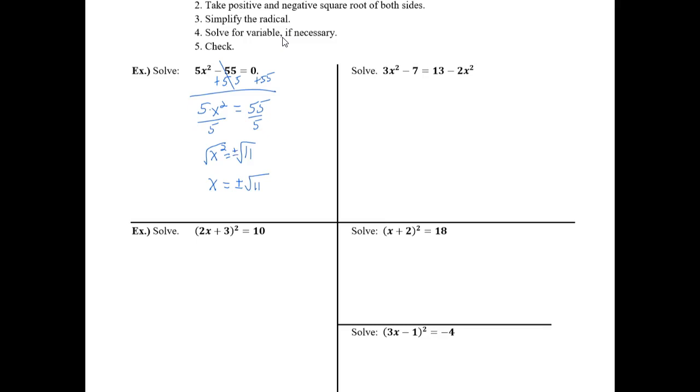So on your homework, you might be able to enter it this way with that plus minus sign, but if you can't find that plus minus sign, it might want you to enter the two separate answers, meaning the positive square root of 11 and the negative square root of 11. If it doesn't ask for a decimal, then you're going to leave it in that exact form. Otherwise, you'll round it to wherever you're asked to round things.